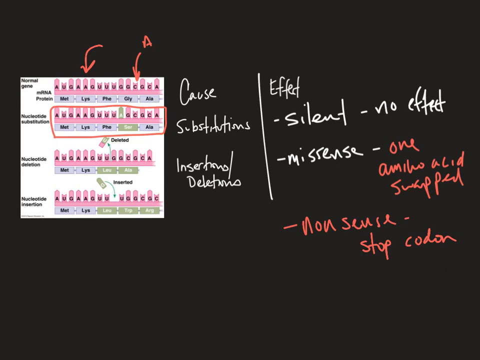So then you would have stop, and it would truncate the protein, which means to cut it. So it would just stop it. It would just be all bunted off.